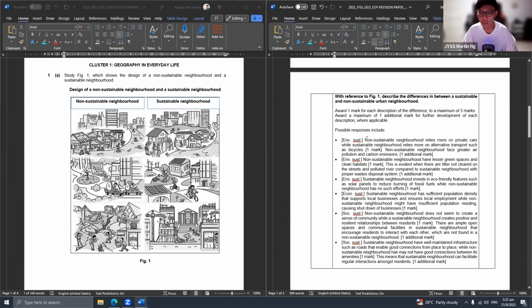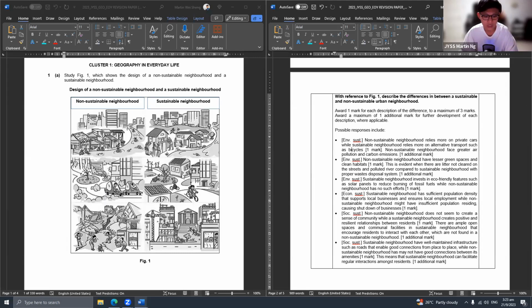If we take a look over here, non-sustainable neighborhood relies more on private cars, while sustainable neighborhood relies more on alternative transport, such as bicycles. This will give you 1 mark. If I look at the picture, what do I see? I can see that the picture on my left has a lot of people driving cars, and this releases carbon dioxide.